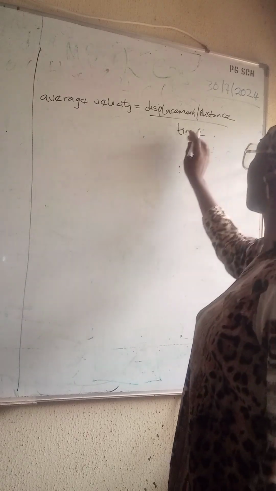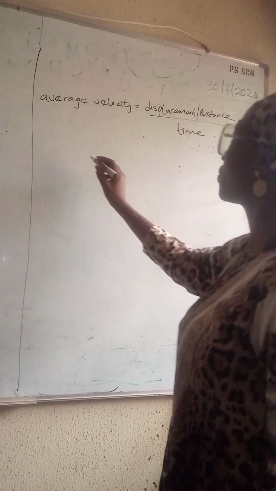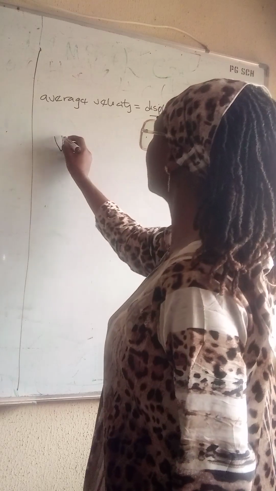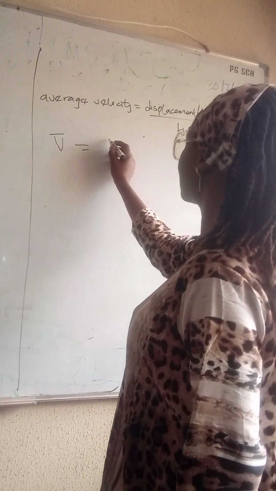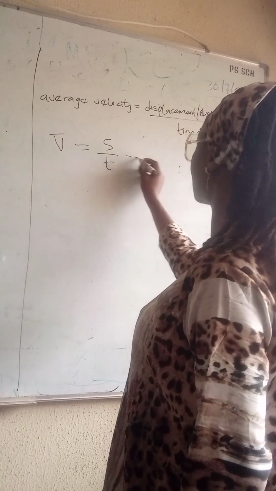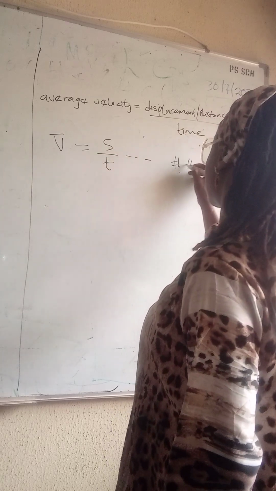If I'm using this as my average velocity, it is equal to distance over time. So let's call this equation two.